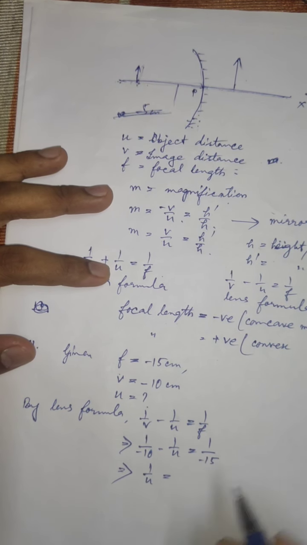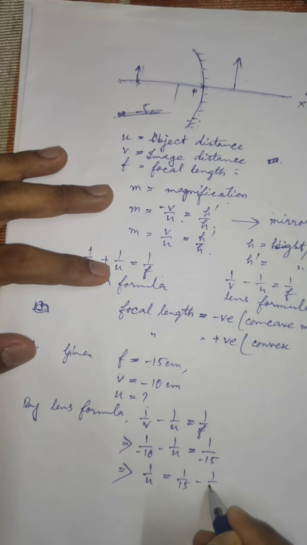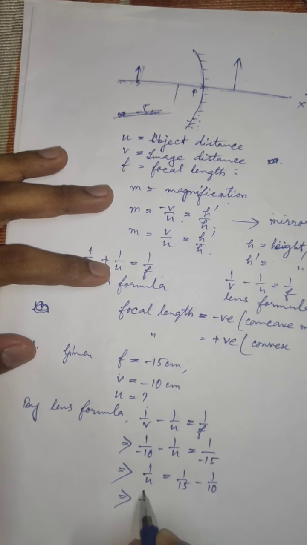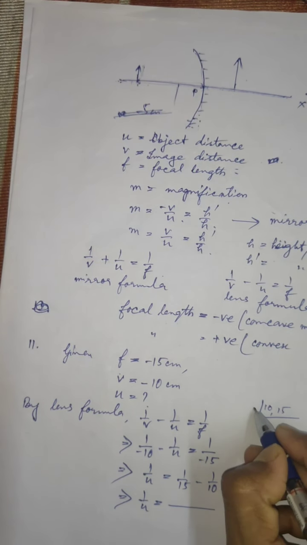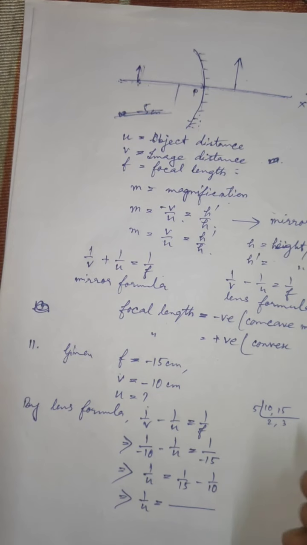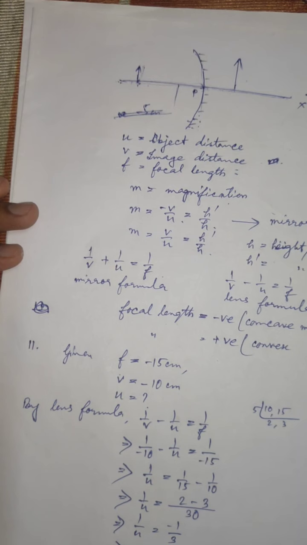So 1 by u equal to 1 by 15 minus 1 by 10. Now we shall simplify to find the value of u. Take the LCM of 10 and 15, 30. So we got the value of u is equal to minus 30.